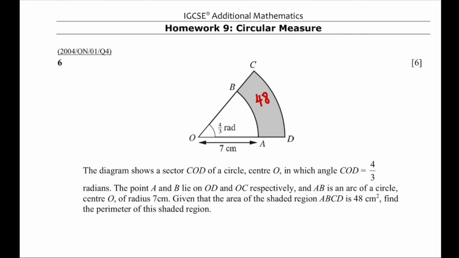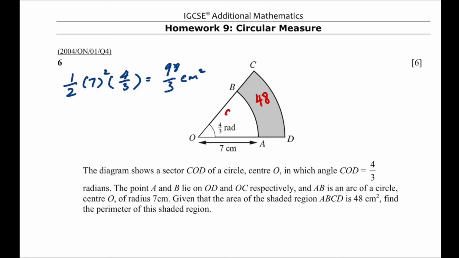So first, let's find the area of the smaller sector. 1/2 r squared theta. Okay, so what is the area of the smaller sector? (98.3 cm square).